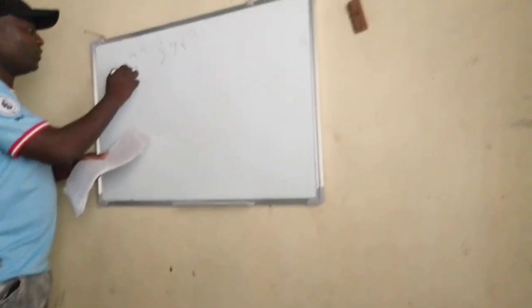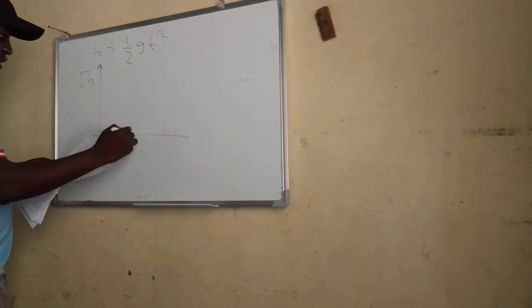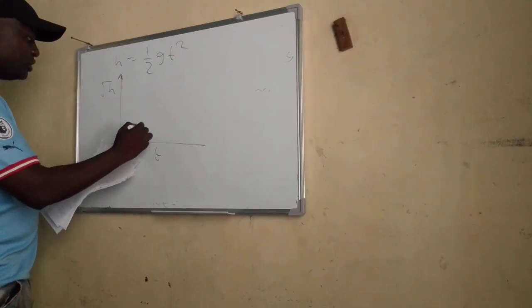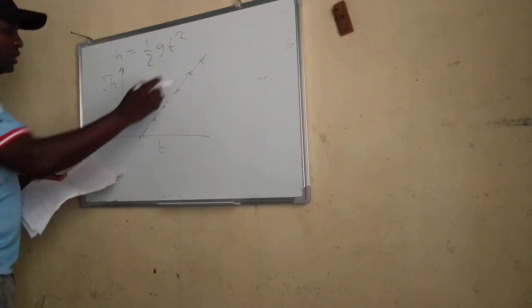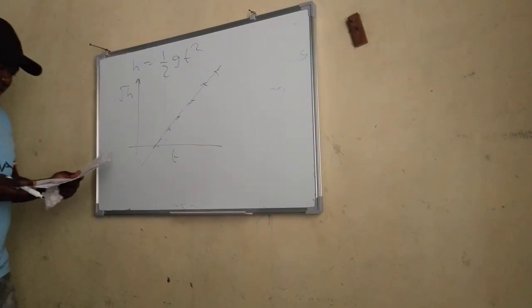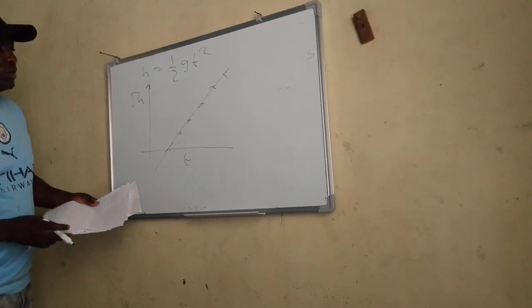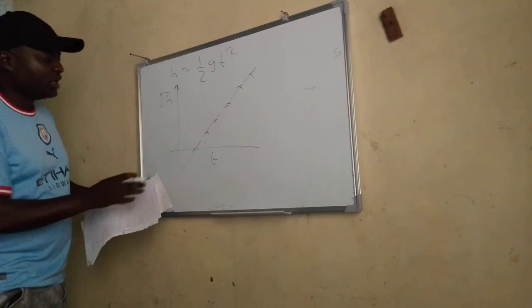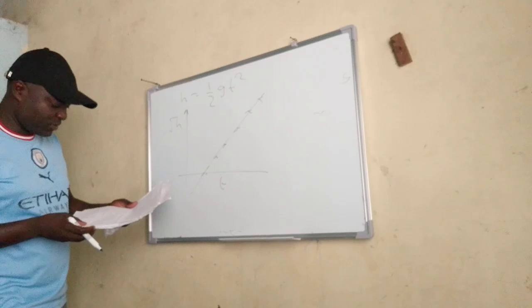So this is the graph of h against t which the student plotted. So which statement is an explanation for the intercept? There was an error when the student carried out the experiment, and it resulted in the graph passing through an intercept. So what could be the explanation of the intercept?